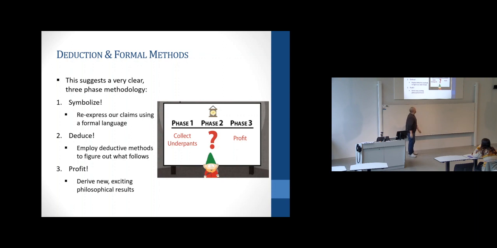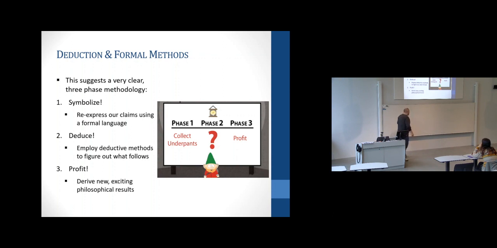And then step 3, profit. That is, take the new, exciting philosophical results you derived in step 2 and share them. Gain philosophical knowledge. That's just what step 3 is. A very simple methodology, right?